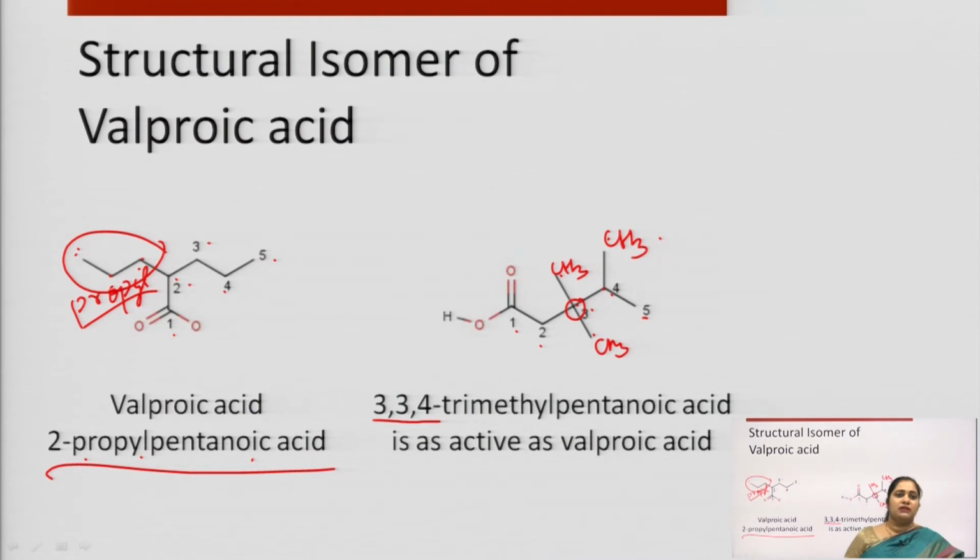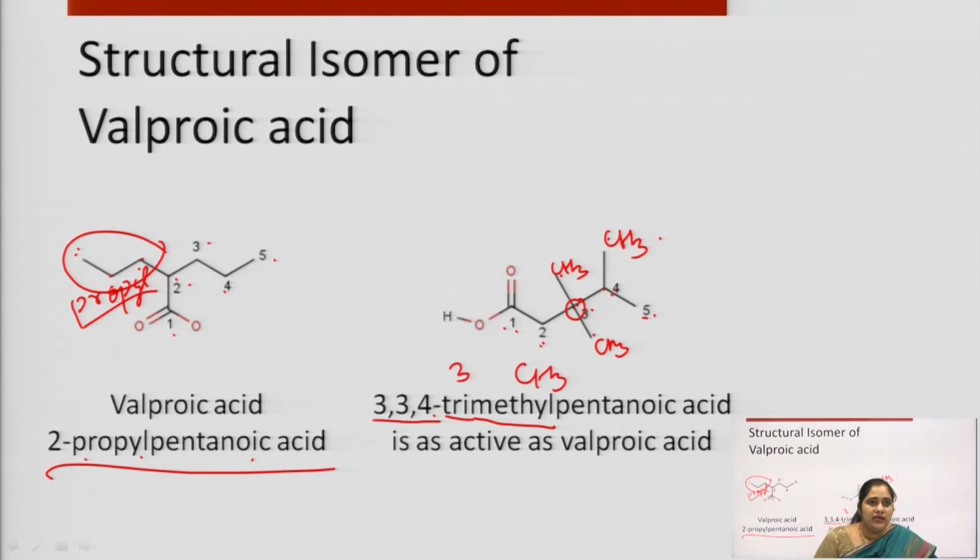Position 3 is occupied twice with a CH3 group and position 4 is also occupied with a CH3 group, so it contains three CH3, methyl groups. Tri means 3, and it contains 5 carbon atoms, so it is a pentanoic acid.